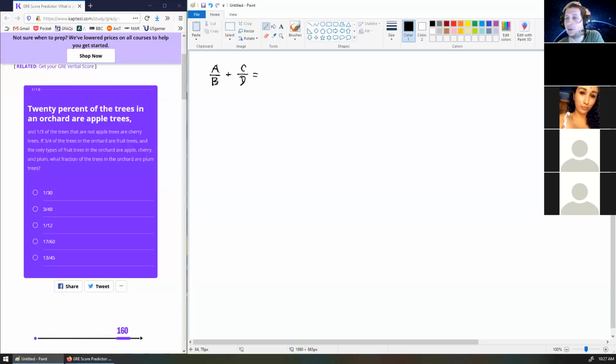So if we take the first number here, multiply that by the denominator of the second one, take this one, multiply it by the denominator of the first one, so what we get is AD over BD plus BC over BD.